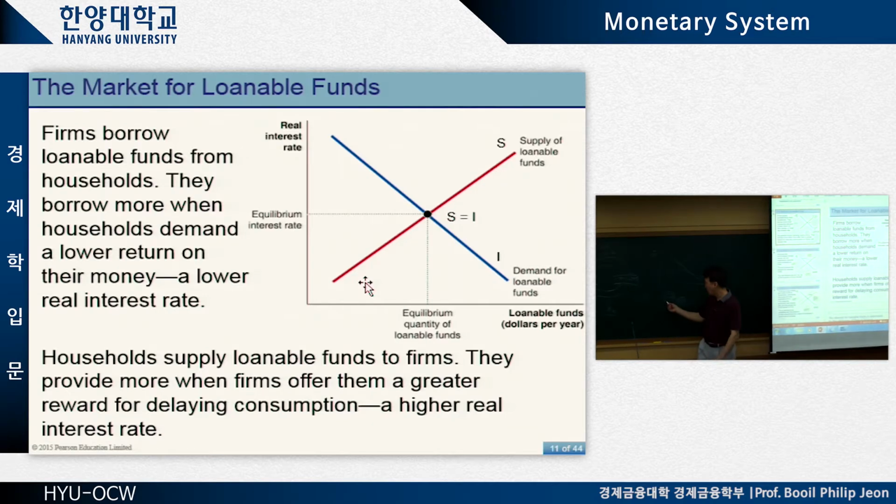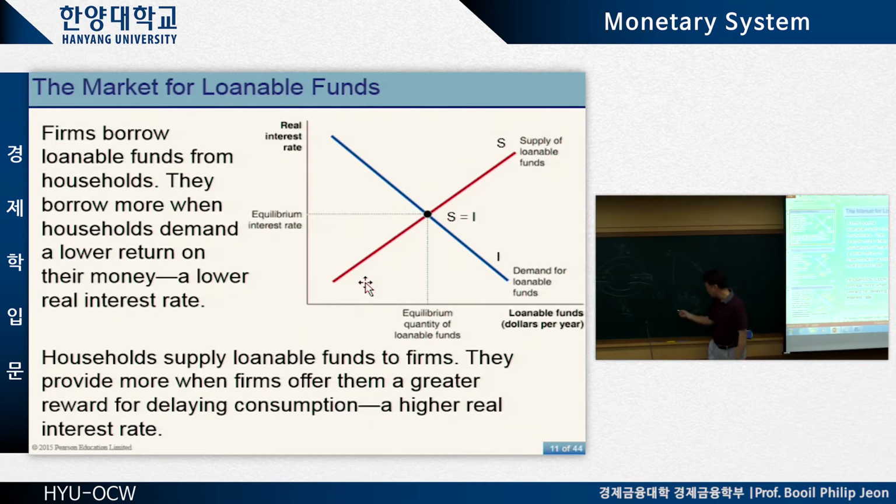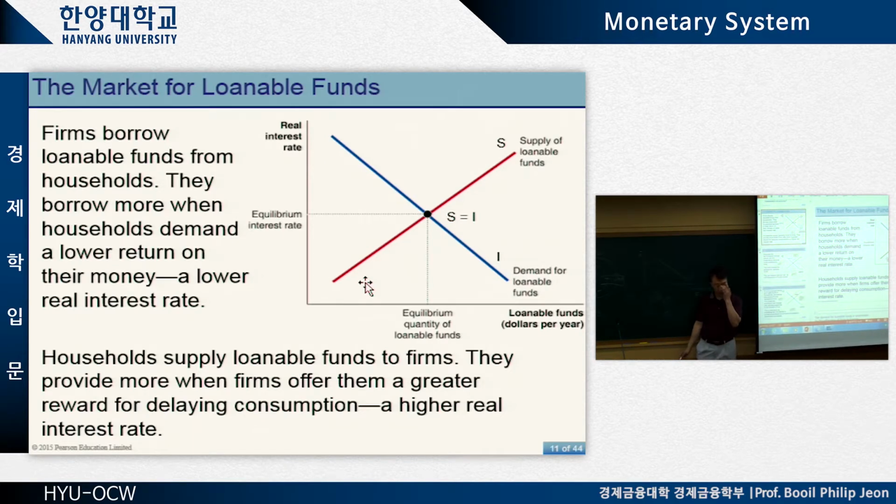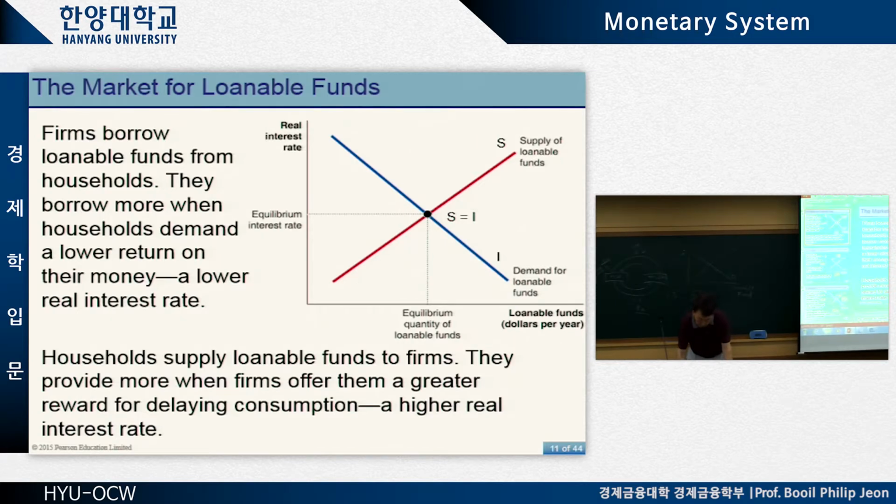Even if you expect only 10% return on your project, you can probably borrow and start the project because the interest cost is only 3%, right? So you can understand this downward sloping demand curve in that sense, right? If the interest rate is high, only a small quantity of money will be borrowed, right? But if the interest rate is low, then the quantity demanded will be pretty large, right?